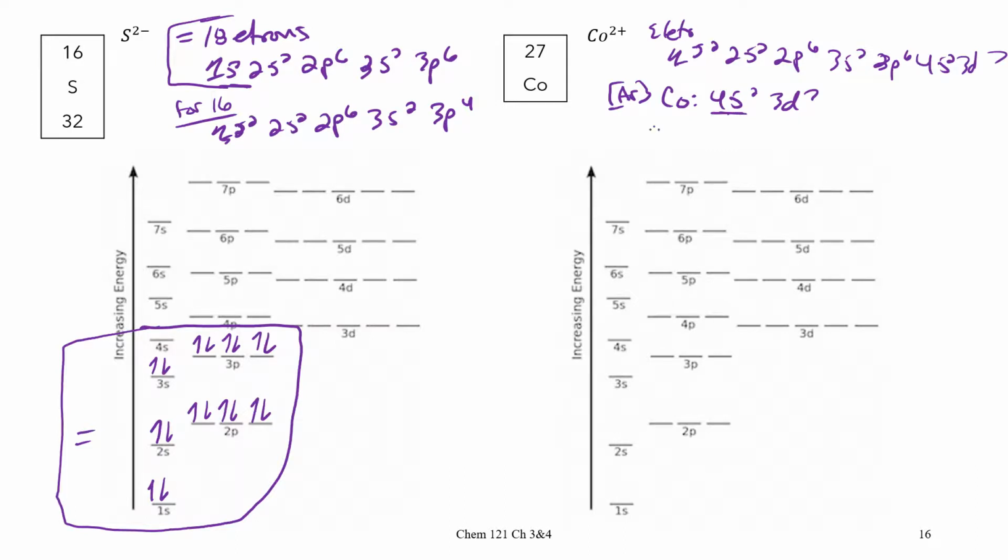So our new electron configuration for 2+ would be 4s0, 3d7. If we wrote out our orbital diagram and followed our electron configuration, we would leave 4s as 0 and then go up to 3d.